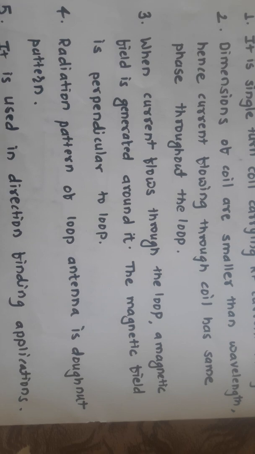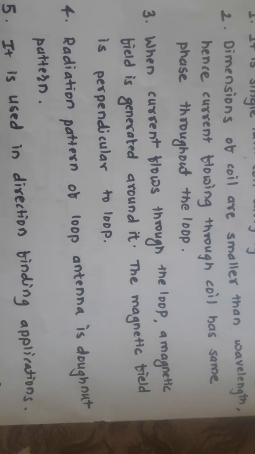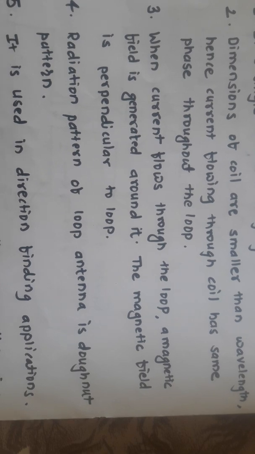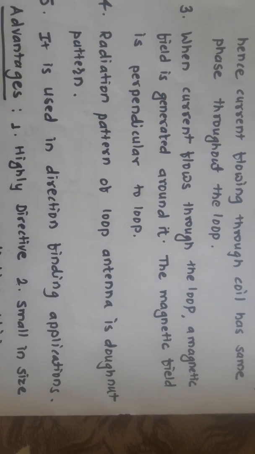The radiation pattern of the loop antenna is a doughnut type of pattern, and it is basically used in direction finding applications, as we said previously, right? These antennas are always placed on the top of the assembly where direction finding applications are used, and they radiate electromagnetic energy in a bidirectional doughnut pattern, right?